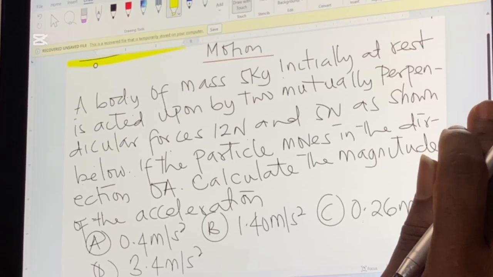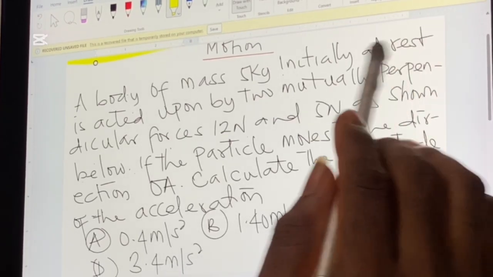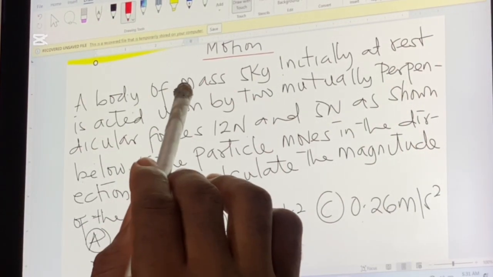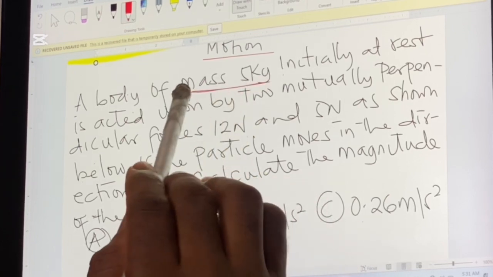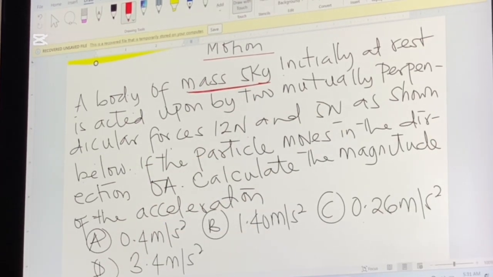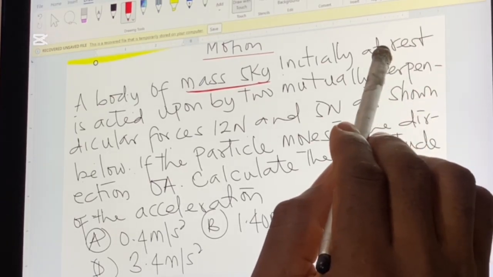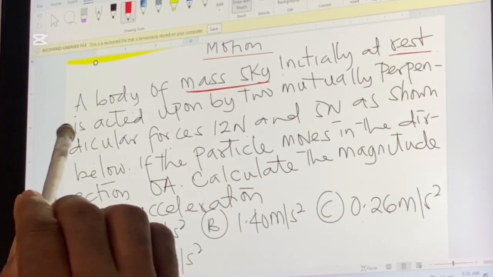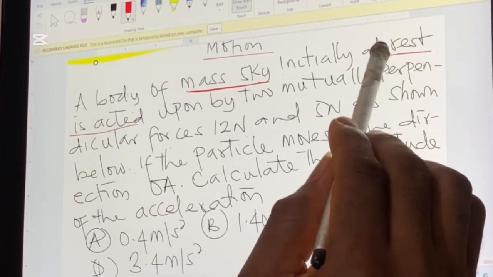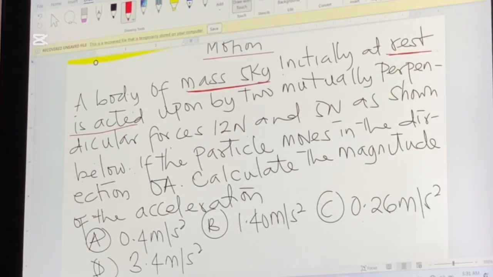They said a body of mass, the mass given to us here is 5 kg, initially at rest. When an object starts from rest, we say that u, the initial velocity, is equal to 0. Please take note.